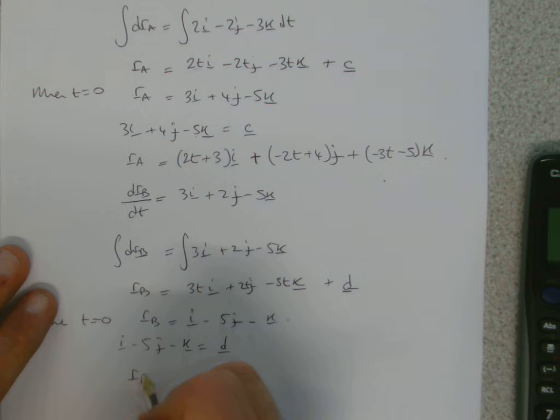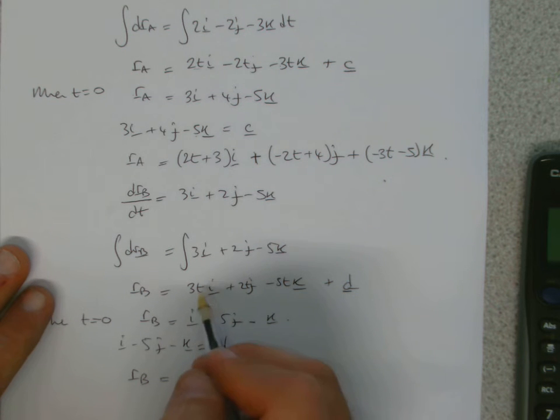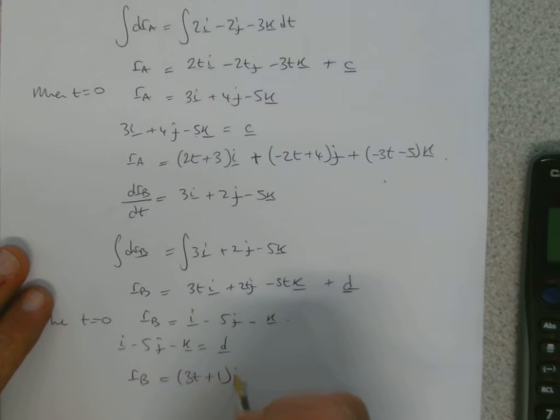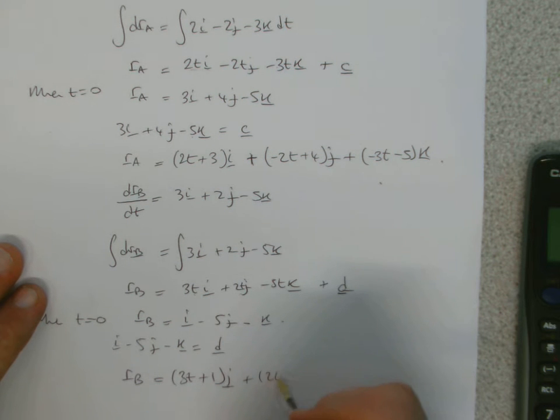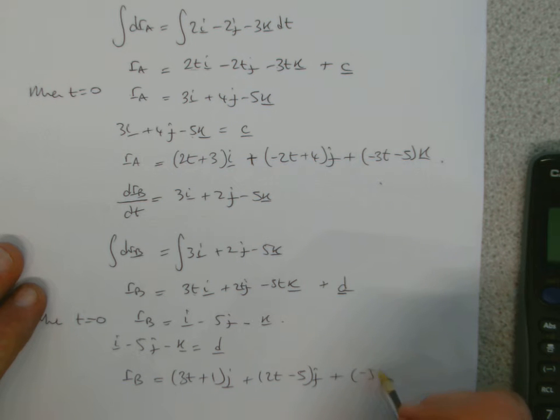So your position vector of R_B will be 3t plus 1 i, and then you've got 2t minus 5 j, and then you've got minus 5t minus 1 k.